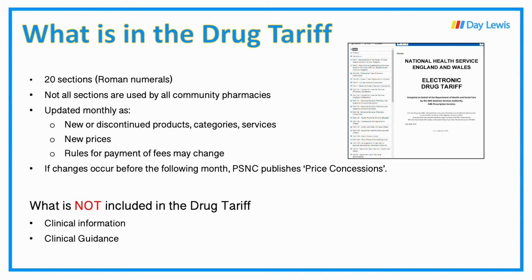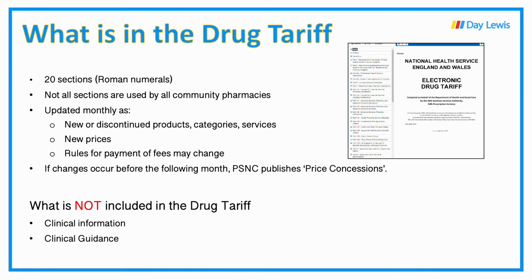Also, you'll find the rules for payment of fees, as these may change. So always be vigilant of any major changes to the drug tariff. The PSNC will publish price concessions, and if there are any major changes, the PSNC will give you the main changes in a digestible format.